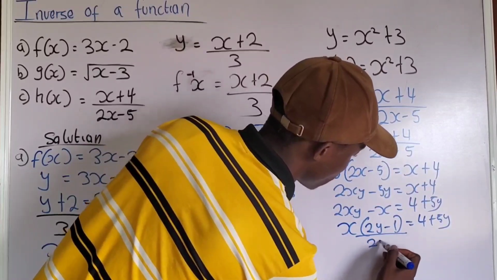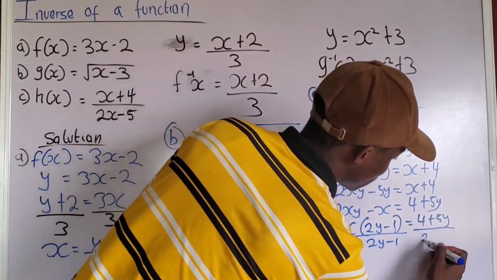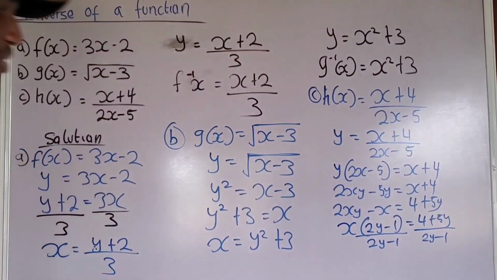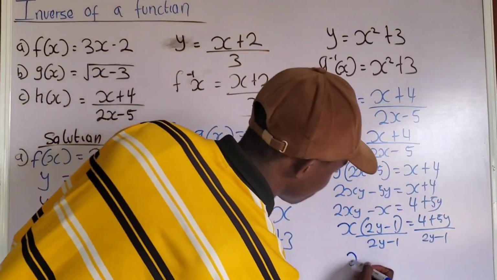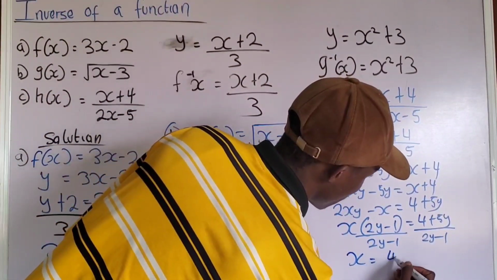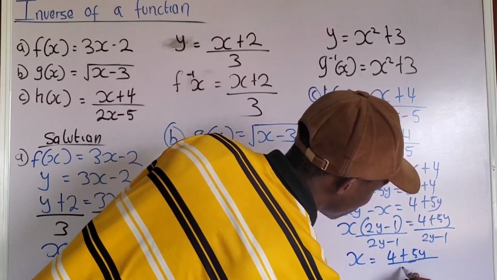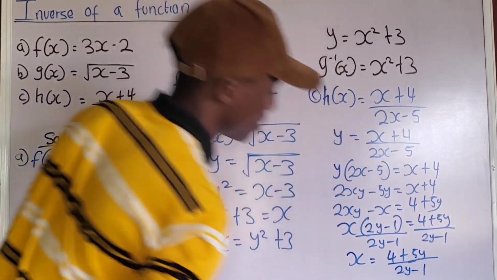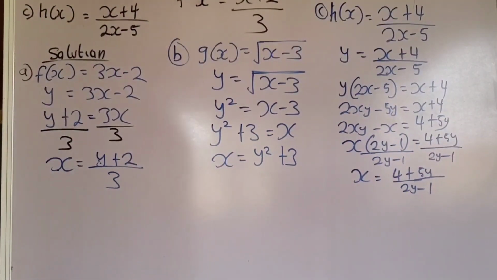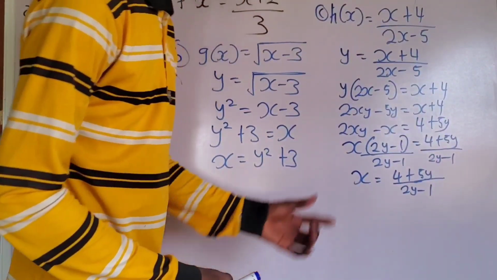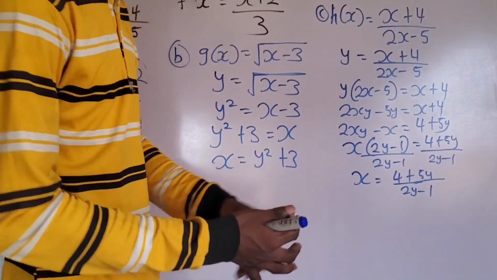Divide both sides by 2y minus 1. What are you going to have? x will be equivalent to 4 plus 5y all over 2y minus 1. Having gotten to this point, you have to interchange x as y and y as x.